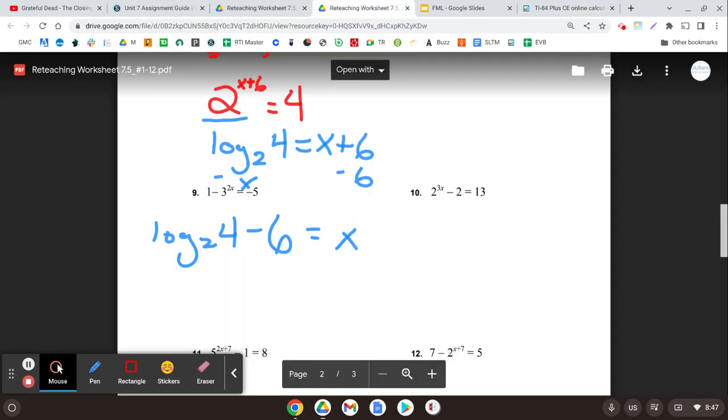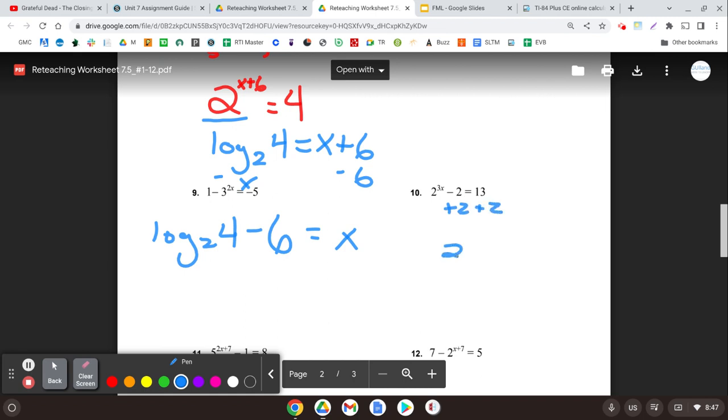Okay. So in general, get the complicated term by itself. Identify the base. The base is 2. Log base 2 of 15 equals 3x. Divide by 3.